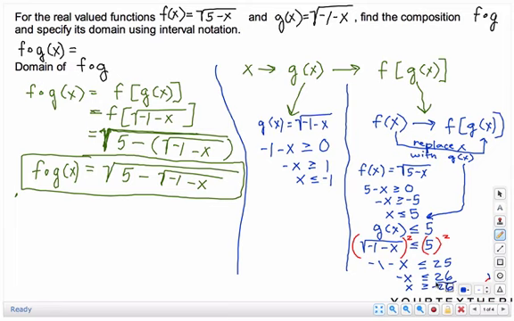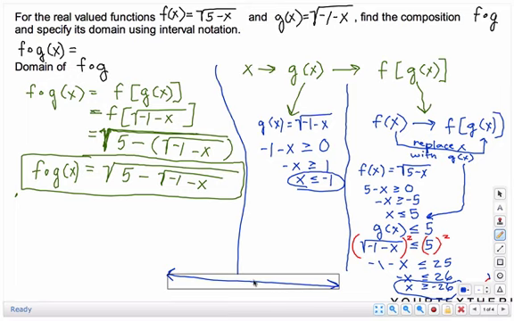So now what I need to do is take these two values here, put them on the number line, and see what I have for my solution. Okay, so I'm just going to put a 0 here, and a negative 1 here, and a negative 26 all the way down here. And this one, x is greater than or equal to negative 26.